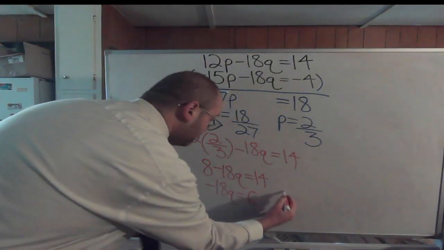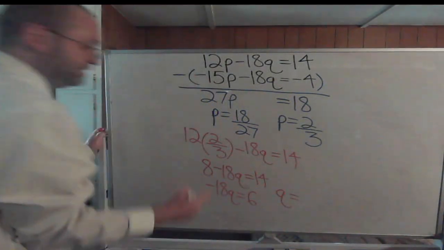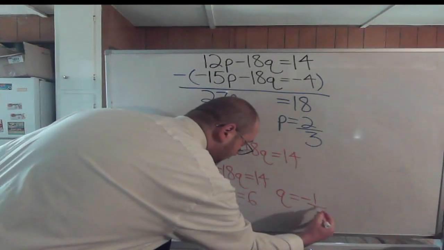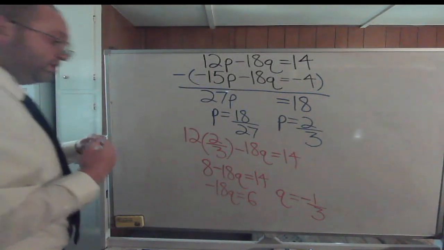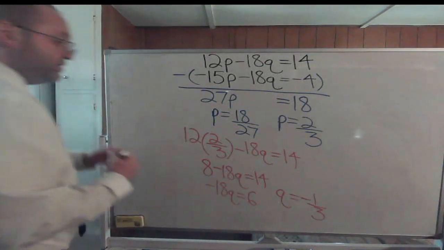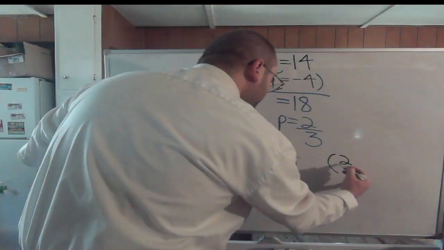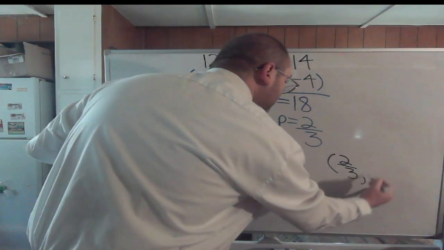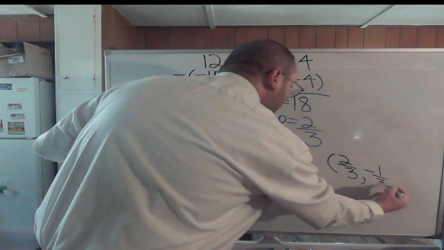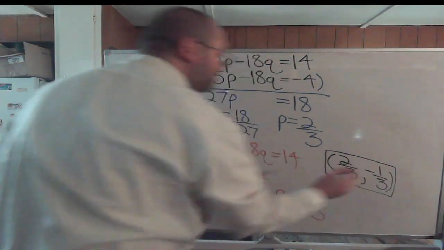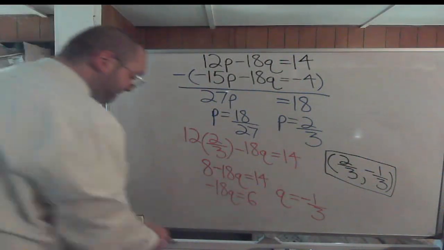So that's going to give me a q value of 6 over negative 18, which is negative 1/3. So my q coordinate for the solution is negative 1/3. So the ordered pair I should get for my solution would be 2/3, negative 1/3.